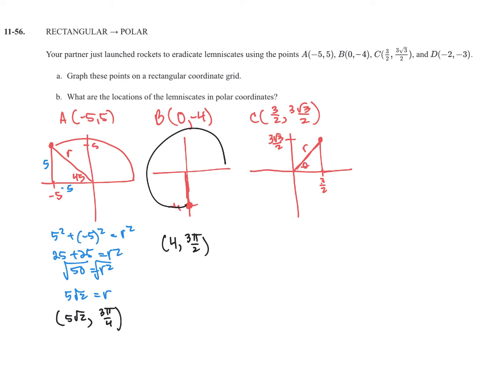If I draw this down, this is 3/2, and this is 3 root 3 over 2. I'll find out the radius first. A lot of the times you'll use the Pythagorean theorem, but in this case, I'm going to use something else because here's what I see.